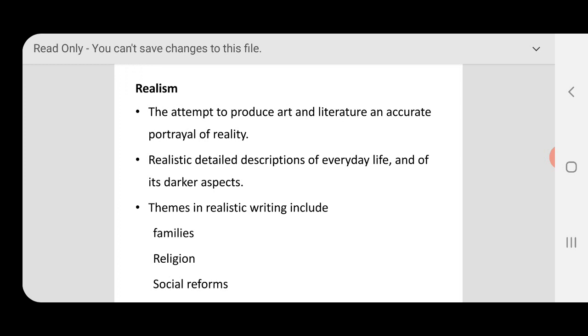Realistic, detailed description of everyday life and its darker aspects are presented beautifully in Victorian poetry. Victorian poetry focuses on families, religion, social reforms, and other day to day activities.